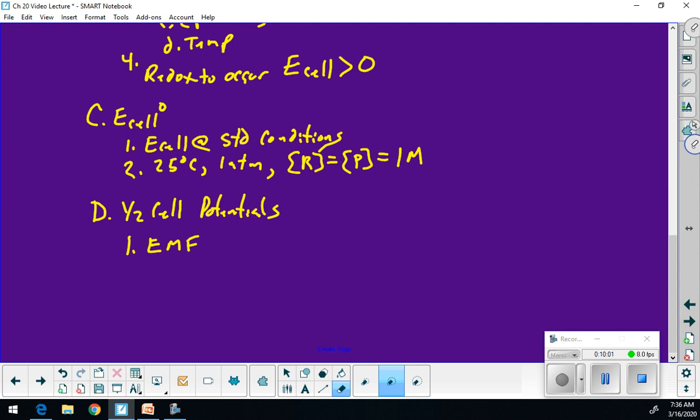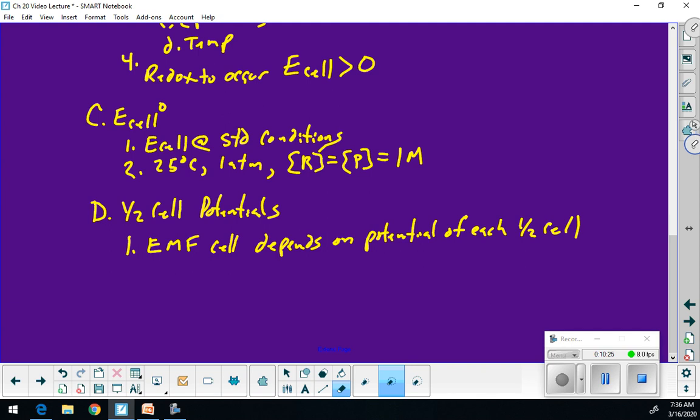Oh, sorry, let me back up. The EMF for a cell is really a function of, depends on the half cell potentials, the potential of each half cell.